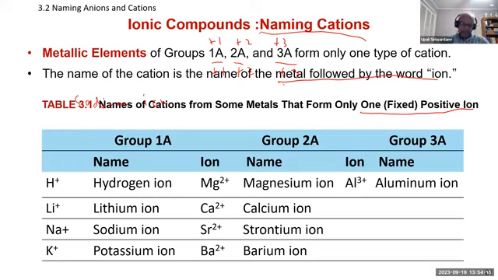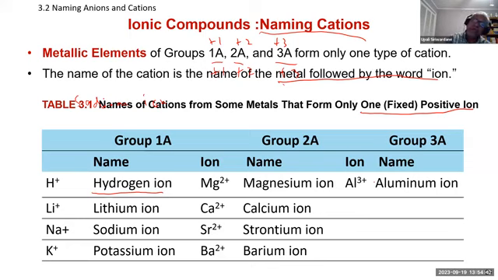So these are the names of cations that are commonly found. Hydrogen ion, the name of the element with the word ion. Magnesium ion, we don't call it 2+ ion. For main group elements, you just say the metal name and ion.